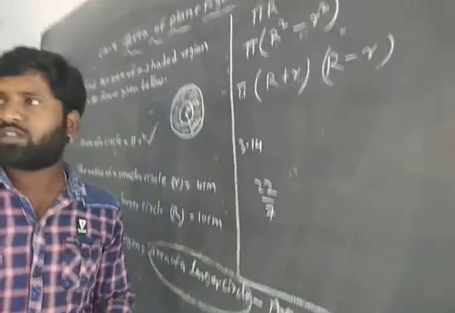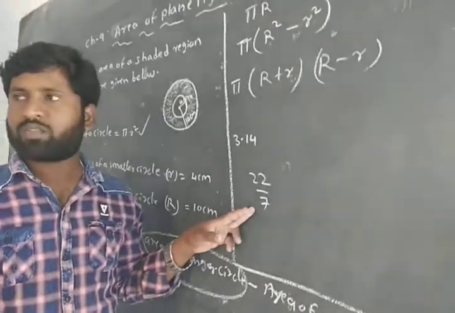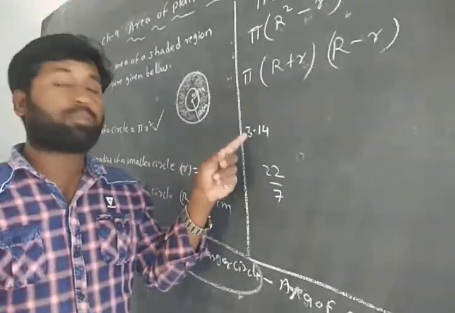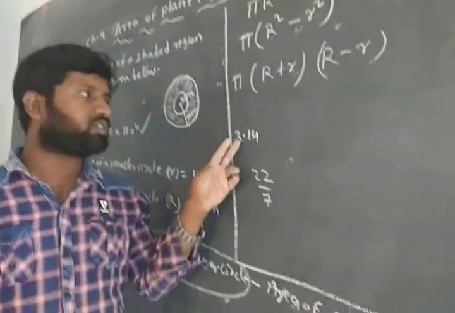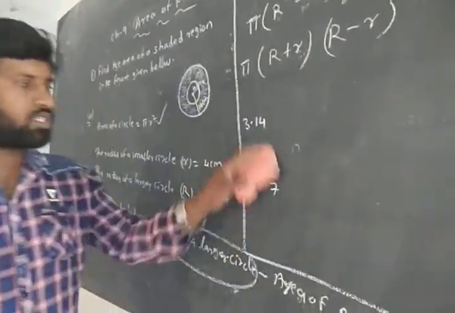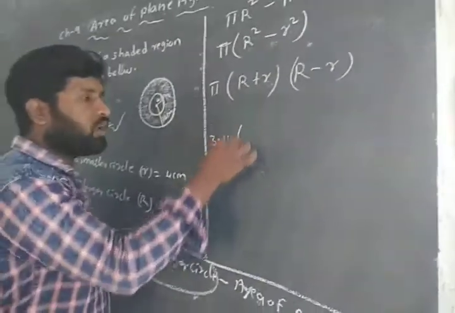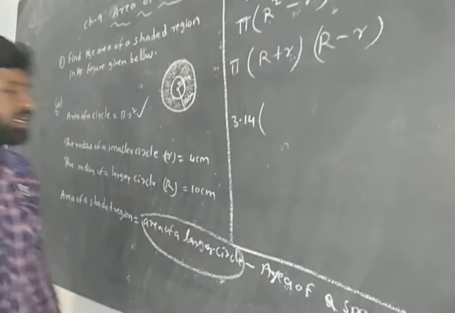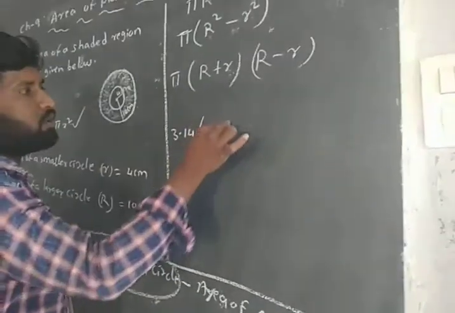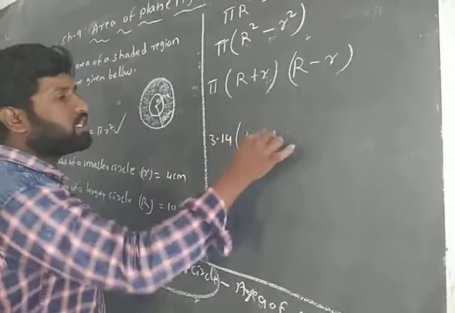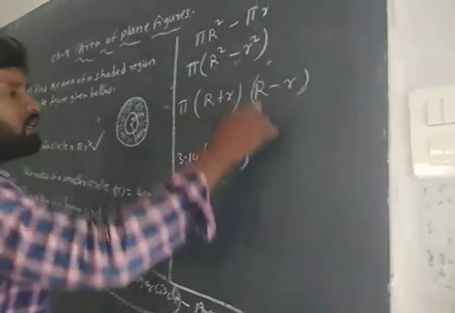Here we use 3.14. Capital R is 10, so 10 plus small r, that is 4, gives 14.